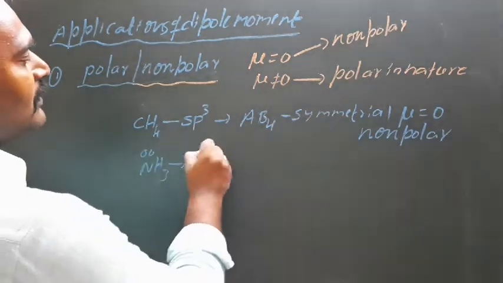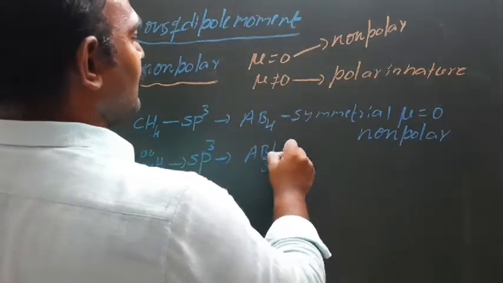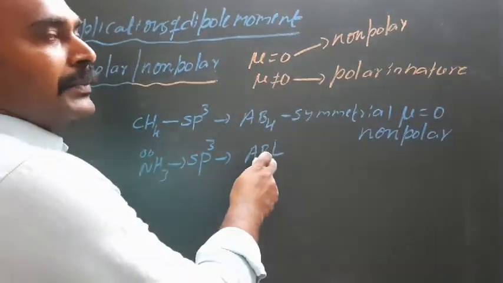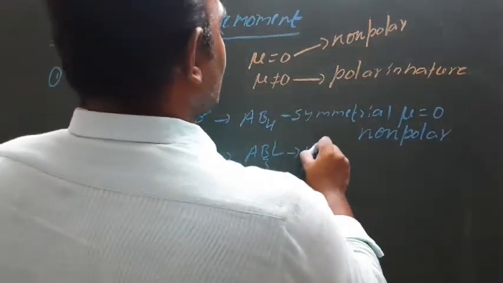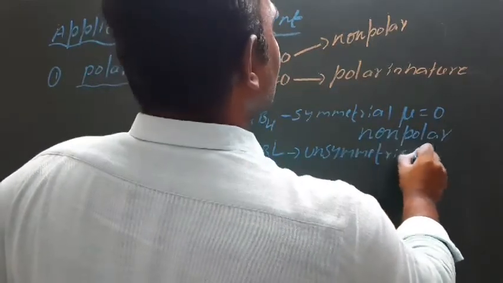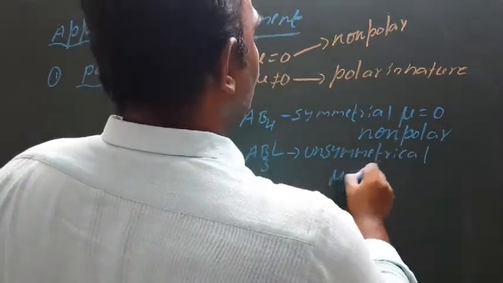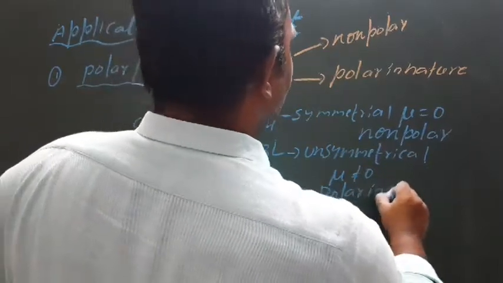Here also the hybridization of the nitrogen atom is sp3. It is an AB3L type molecule. A is the central atom, B atoms are the surrounded atoms, and L is the lone pair. This molecule is unsymmetrical. That means mu is not equal to 0, and the molecule is polar in nature.